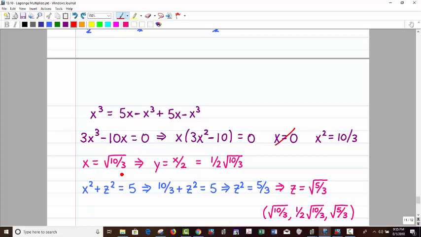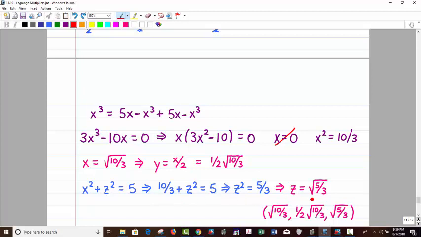y, by definition, is 1/2 x. Well, not by definition, by what we just solved for. So it's 1/2 of this. And then we know that x squared plus z squared equals 5. So I'll put this in there and get 5 minus 10/3. 15/3 minus 10/3 is 5/3.